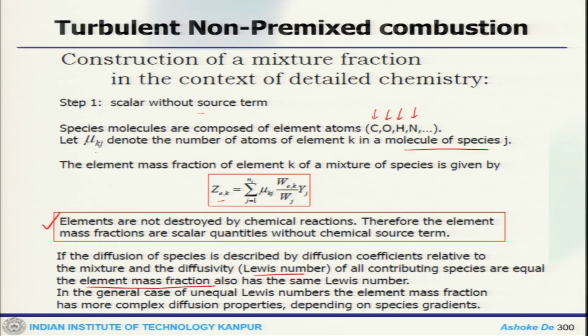The element mass fraction also has the same Lewis number. So, this is an important observation. In the general case of non-equal Lewis number, the element mass fraction has more complex diffusion properties depending on species gradients. So, that is what it has.